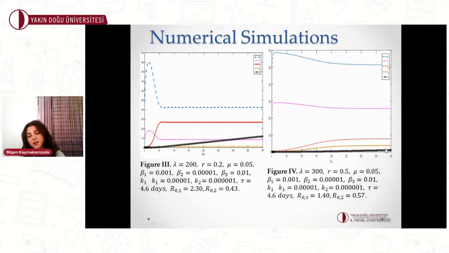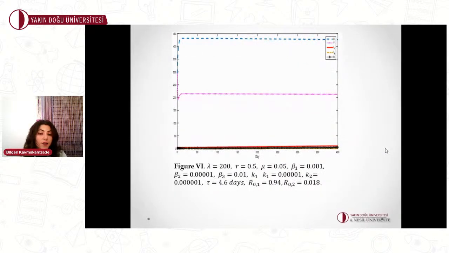Not zero, we can't say that it is zero, but it is very low. And the last figure tells us that if we increase the vaccinated rate and decrease the circulating persons, we can fight this disease and the disease can die out.